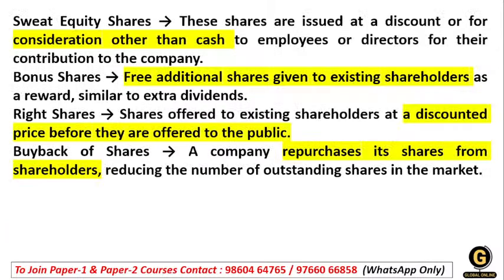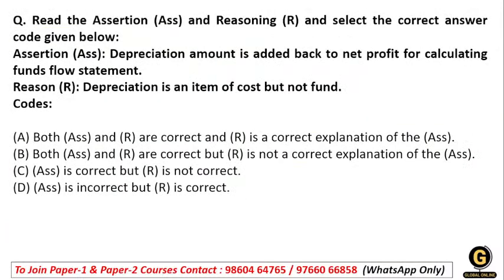Okay, now the next, the assertion is given to you, assertion and reason. The assertion is that the depreciation amount is added back to net profit for calculating the fund flow statement, and the reason is that depreciation is an item of cost but not of fund. So what do you think will be the right answer?